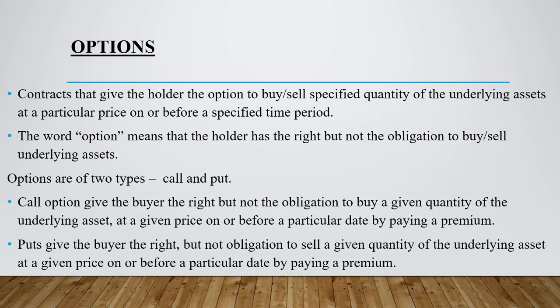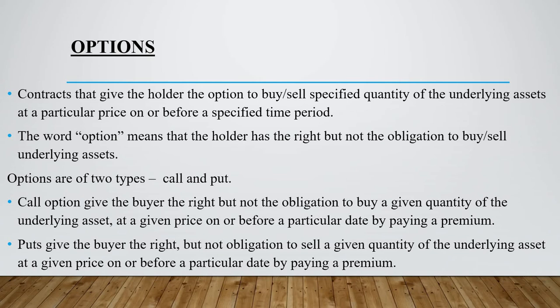It is just an option. So with a particular price in the future, that person may buy or sell an underlying asset for a specific price on or before the time period. It is purely an option, not any obligation. Such optional contracts are known as options. The word option means the holder has the right but not the obligation.